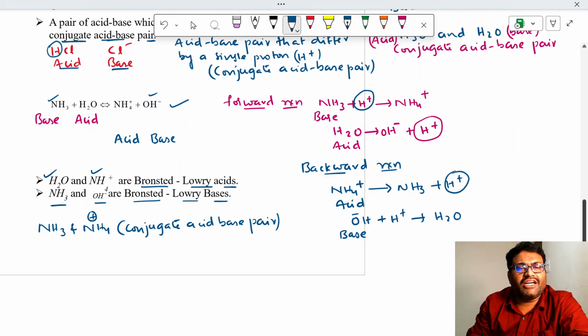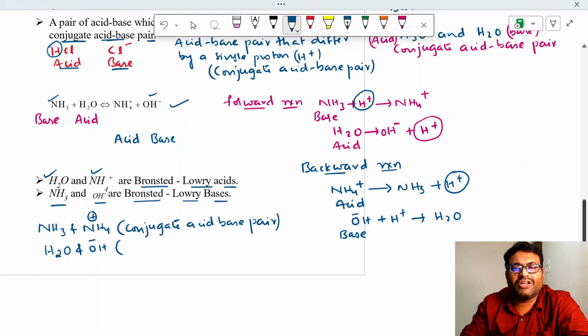And not only that, if you see here H2O and OH minus, how do they differ? They also differ by a proton, this proton. OH minus and H2O, what is the difference between these two? The difference between these two is this proton.